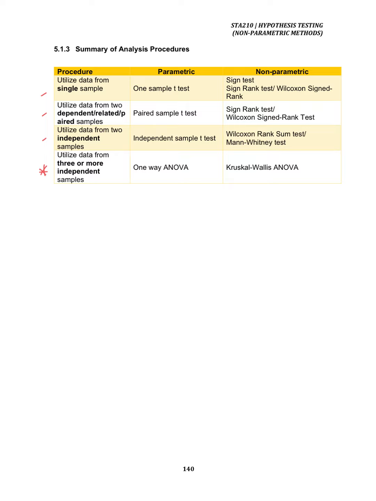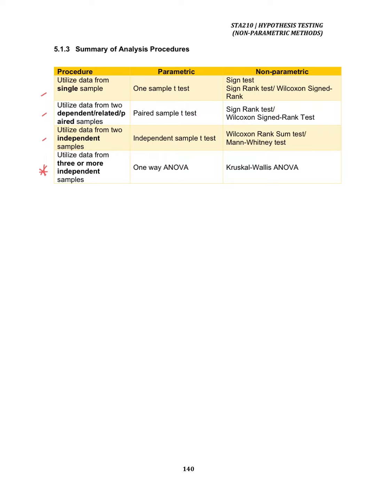When the data are from a dependent sample, related sample or paired sample, the parametric test is the paired sample t-test. But for the non-parametric method, we call it the sign rank test, or the other name is Wilcoxon sign rank.